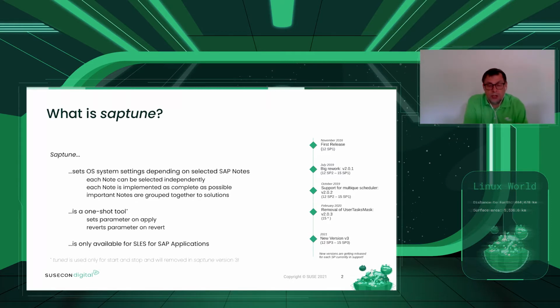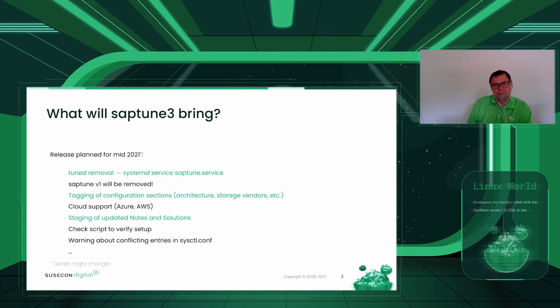So just go to the lifecycle page at SUSE.com, and then you look up SLES for SAP applications, then you will see that at the time of SUSECON 2021, SLES for SAP applications 12 SP3, 4, 5, 15 SP1, SP2 are under support, and also, of course, the upcoming SP3. And for all those service packs, there will be a release of Saptune 3. So you're not left out as long as you have a supported service pack.